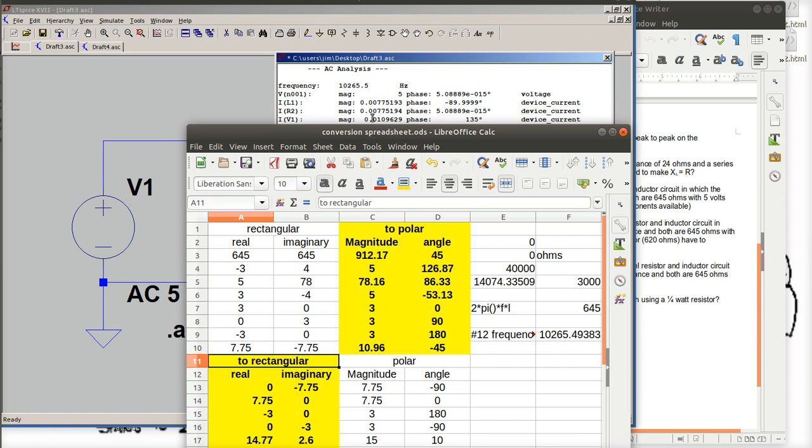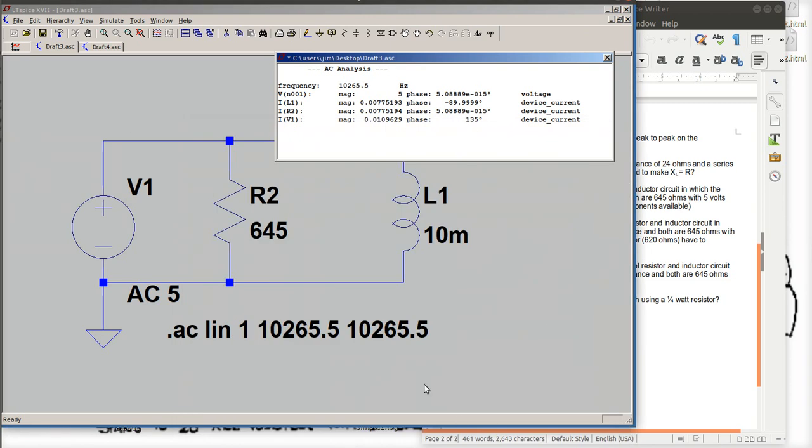I get 10.96. So you can see that in AC circuits, my inductive current and my resistive current add up to my source current. Even though the phase angles make it look, if I just look at it in terms of magnitude and phase, like that's just not possible. But indeed, Kirchhoff's current law is still preserved.